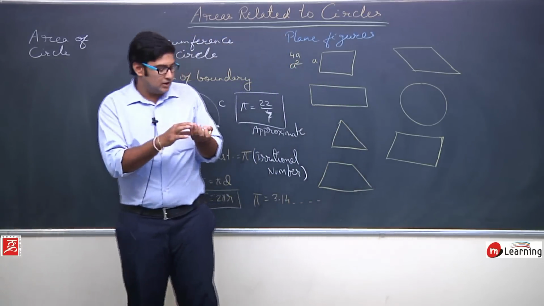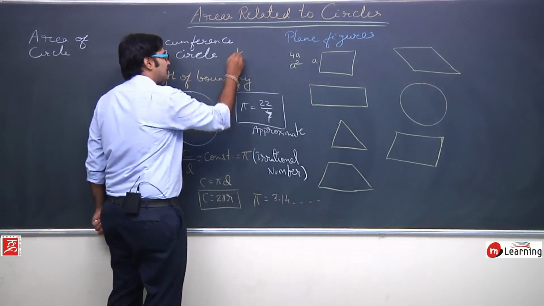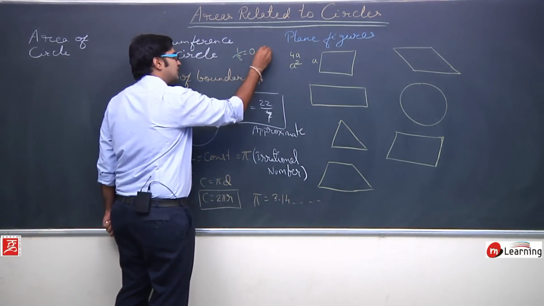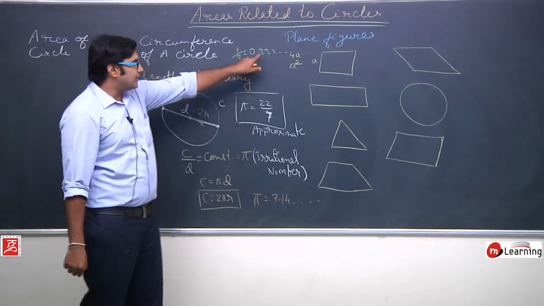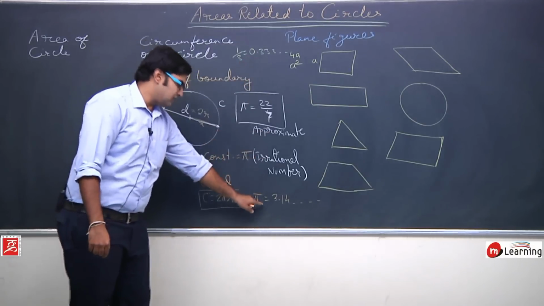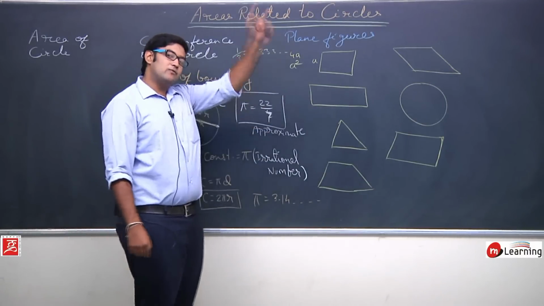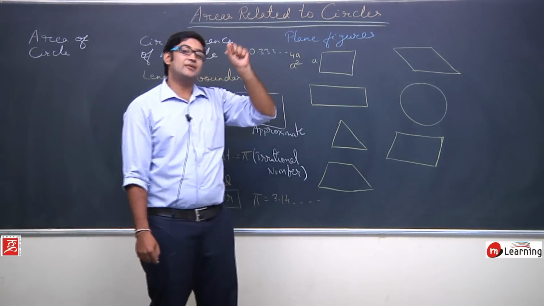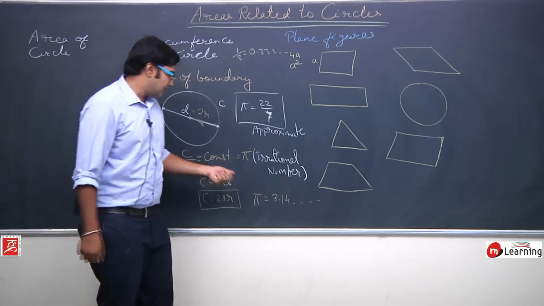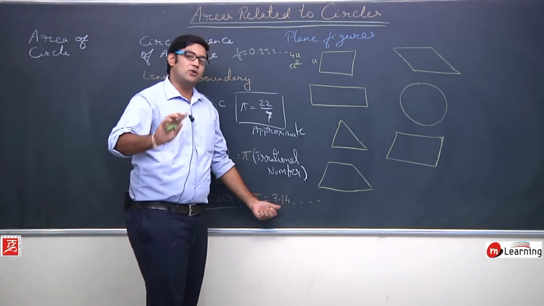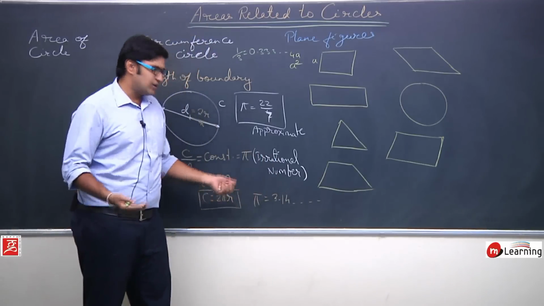For example, 1 by 3 is 0.333. So we can see 3 is getting repeated again and again. That's why it's a rational number. But here you will find pi is equal to 3.14 and so on. It will not get repeated. That's why we can assume pi is equal to 3.14 because of our approximation.